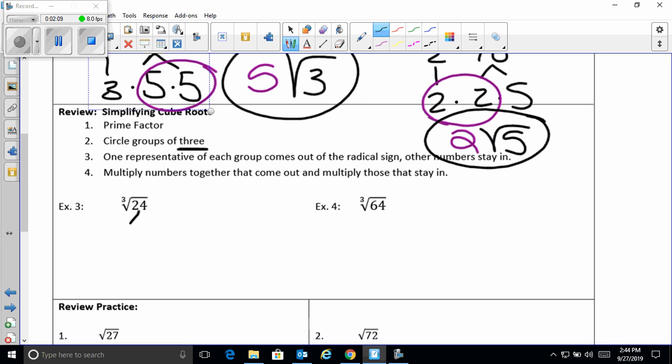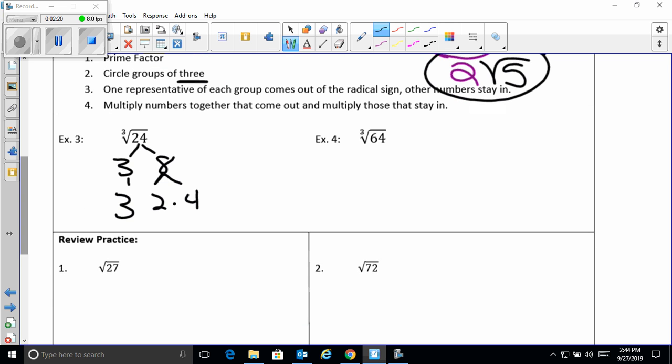So 24, what's it break down to? 3 and 8, 4 and 6, 2 and 12. 3 is prime, 8 is not. It breaks down to 2 and 4. And then we have to keep going. 3, 2, 2, and 2. So there's our prime factoring, 3, 2, 2, and 2.